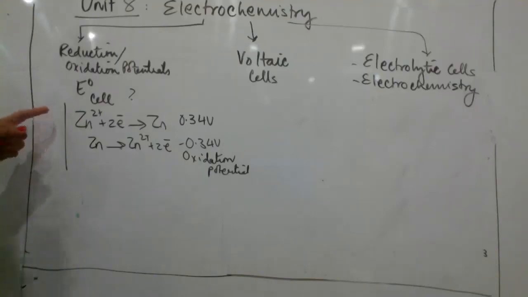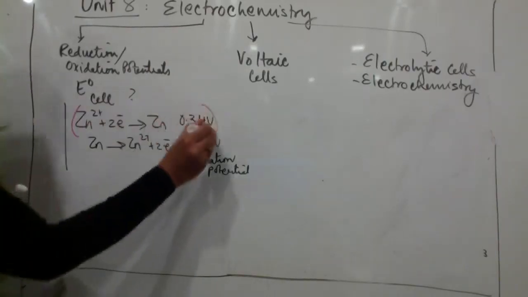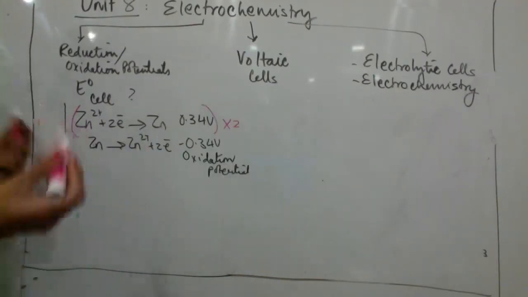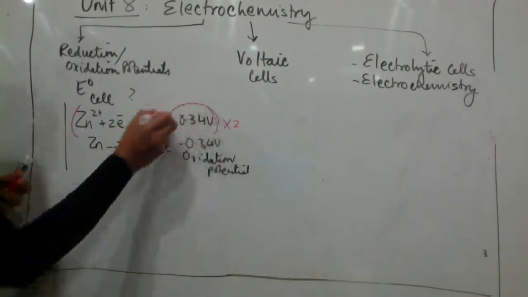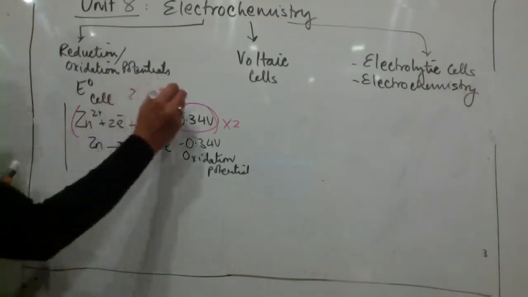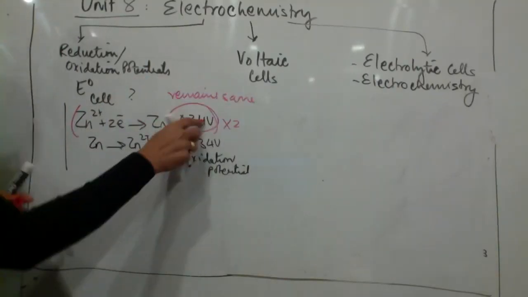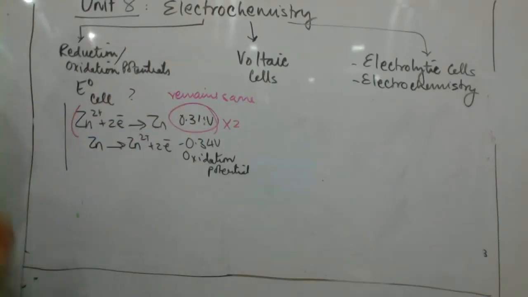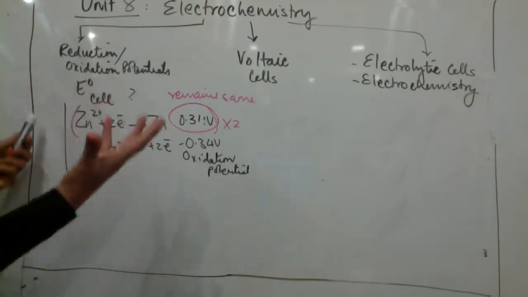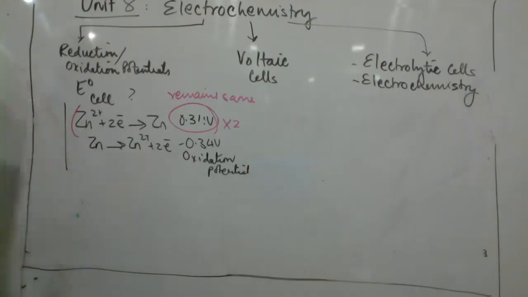Then, the other very important thing you must remember: even if you multiply a reaction by 2 or 3 or 4, the value of reduction potential remains the same, because potential is joules per coulomb. As joules increase by multiplying an equation by a multiplier, so do the coulombs.